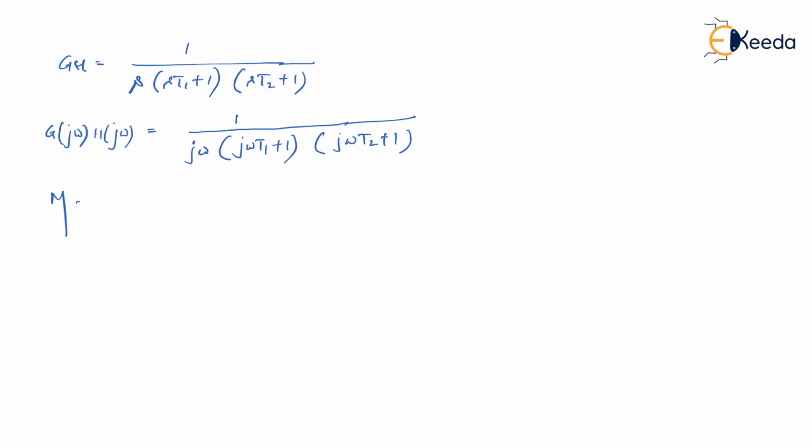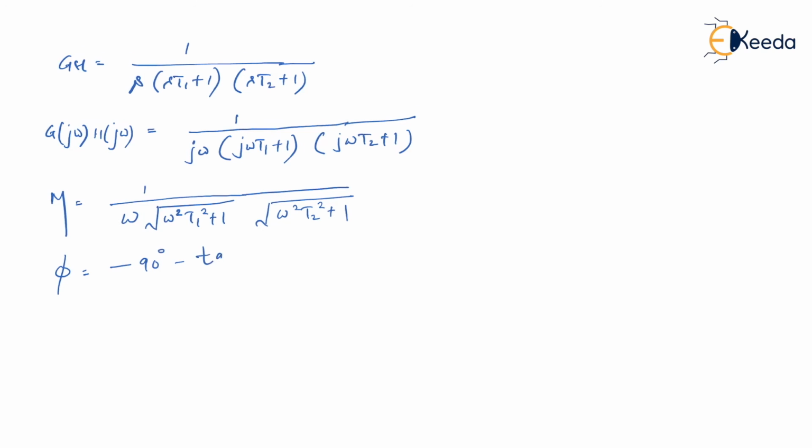Then the magnitude will be 1 over omega under root of omega square t1 square plus 1, then under root of omega square t2 square plus 1, and the phase angle will be minus 90 degree minus tan inverse of omega t1. Now I'm writing it directly, assuming you understood it very well.